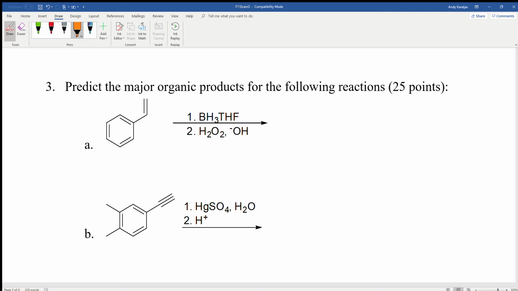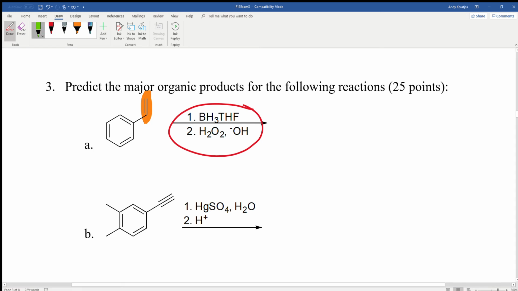So part A here, we have just a single alkene to consider. And the reagents here tell us that this is a hydroboration reaction. Hydroboration, we should recall, is a reaction that gives us an alcohol, but specifically, because notice in this example, the two carbons of our alkene are not equivalent.